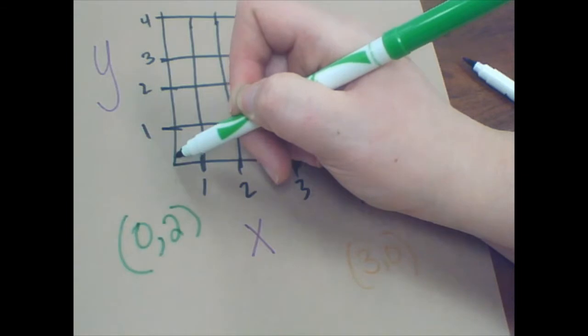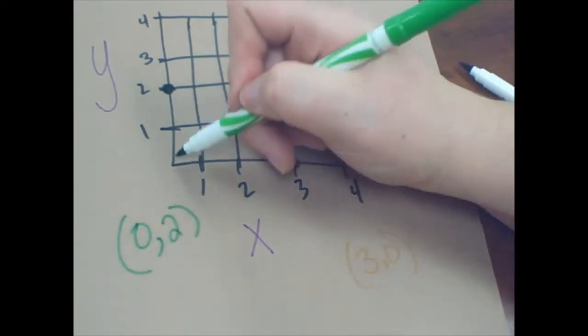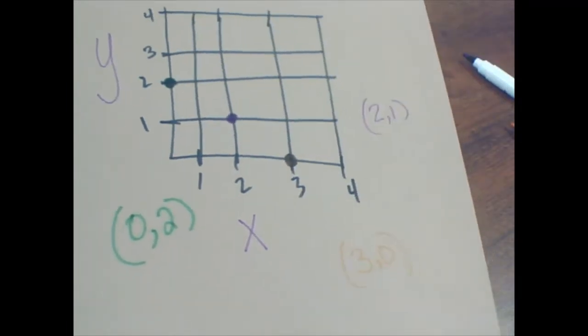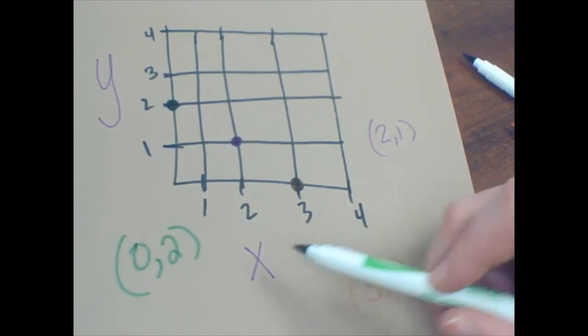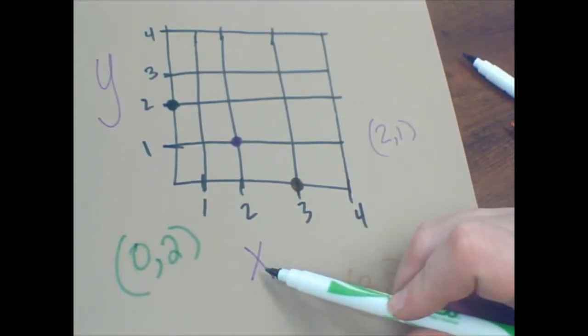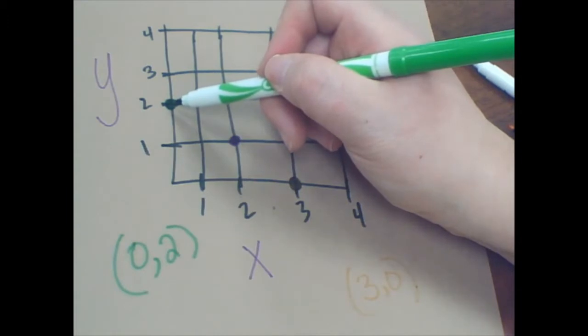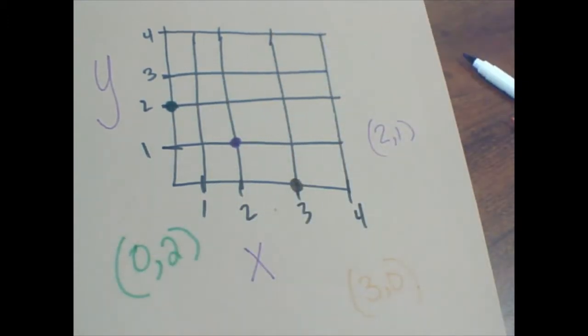And if I go up 2, because my y is up, does that fall on the y-axis line? Yes, it does. So the big takeaway here is, if you want your ordered pair to fall on the x-axis line, the y has to be 0. But if you want your ordered pair to fall on the y-axis line, the x needs to be 0. So keep that in mind, because you are going to see that question come up again.